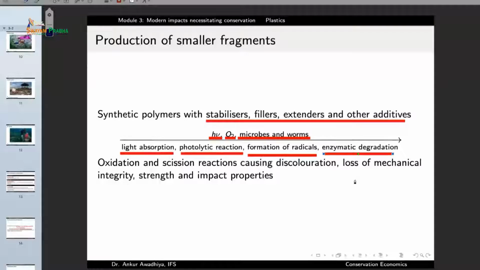And because of all these reactions, you have oxidation and you have scission. Scission is again a process of breaking down or cutting down. So oxidation and scission reactions will lead to discoloration, loss of mechanical integrity, strength and impact properties of the plastics, and slowly and steadily the plastics will start breaking into smaller fragments.